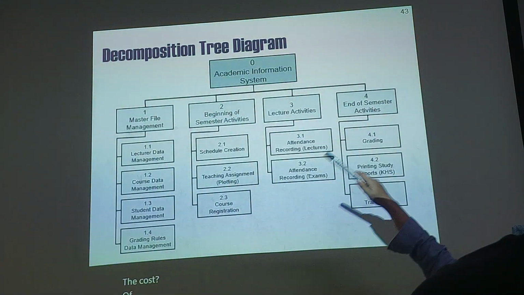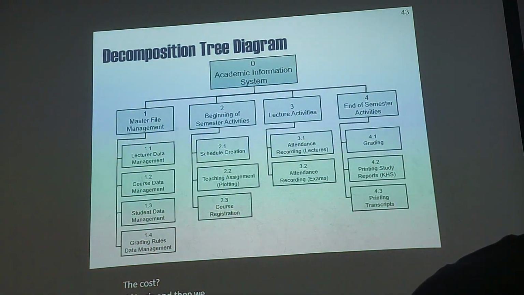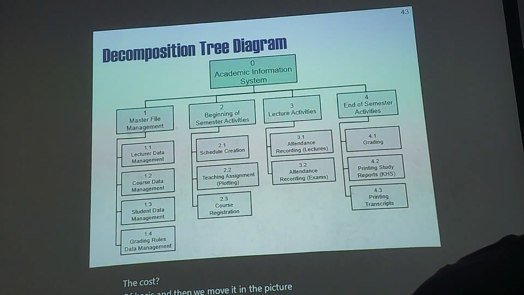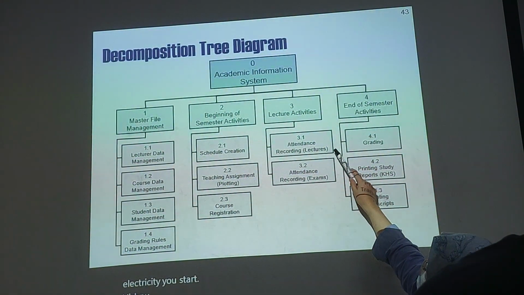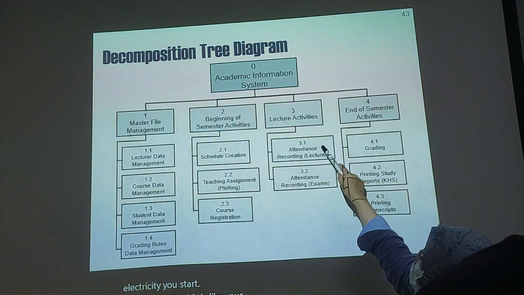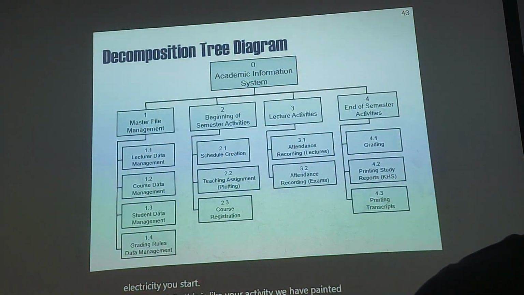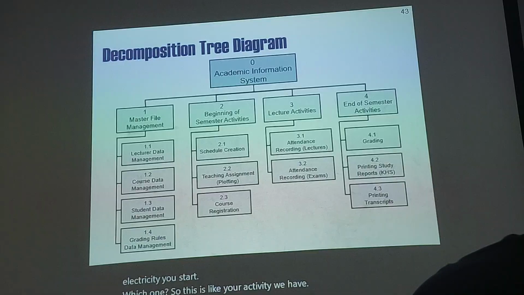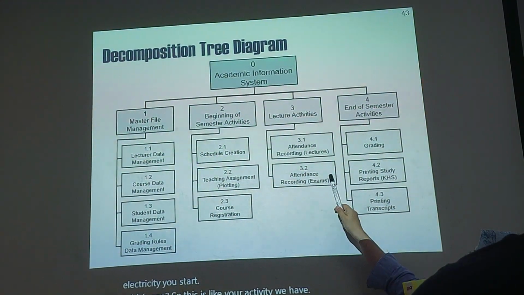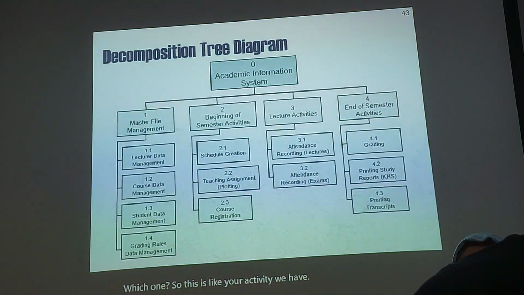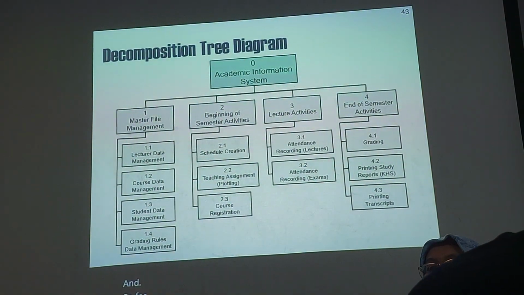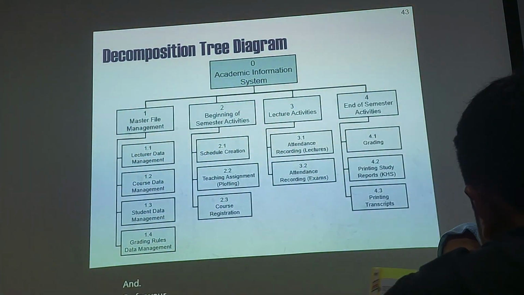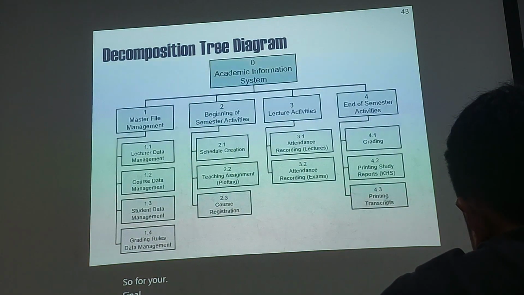And then we move to the lecture activity. After you register, you attend the lectures. So this is lecture activity. We have attendance recording for lectures and attendance recording for the exam. So for your final exam, you will have attendance recording.